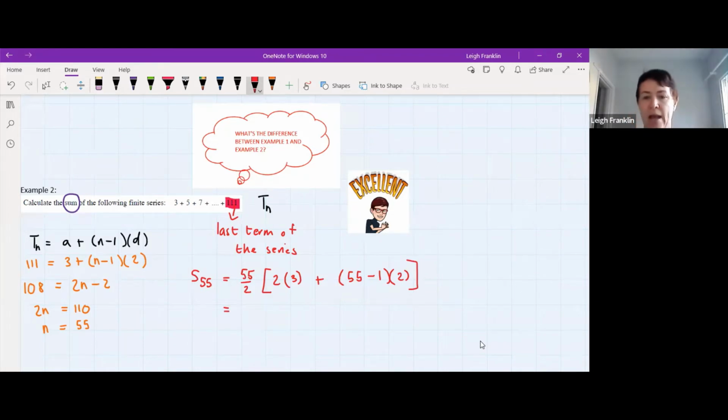Then pop that into your calculator and share with me what you got as an answer. Or if you want, you can put your answer into the chat too.